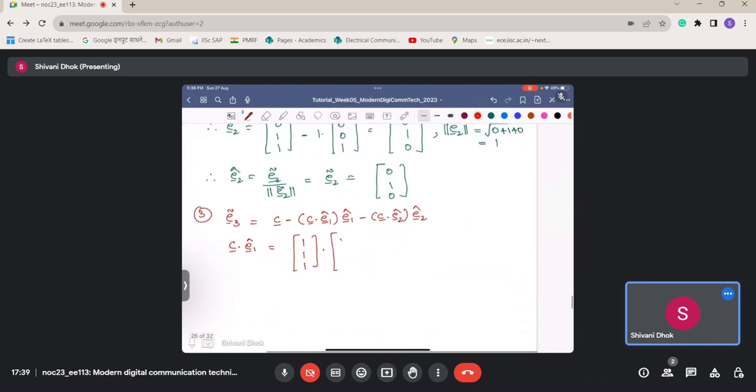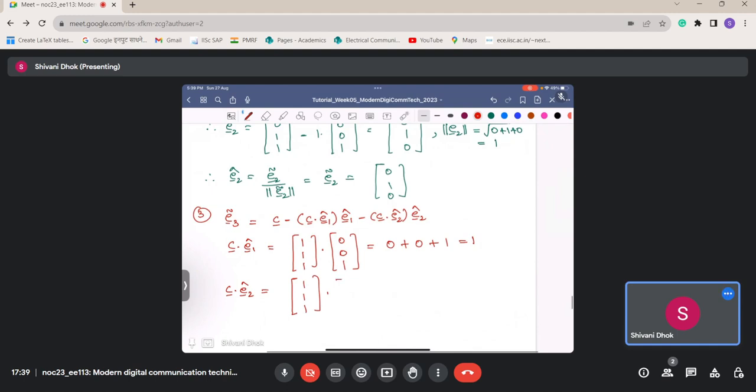So this is 0 plus 0 plus 1, so this is equal to 1. Similarly, C dot e2 hat, where e2 is simply (0, 1, 0), is 0 plus 1 plus 0, which comes out to be 1.